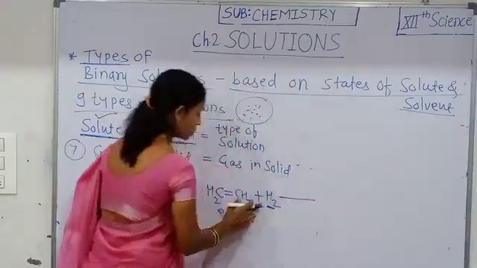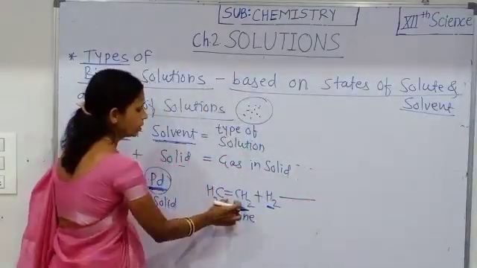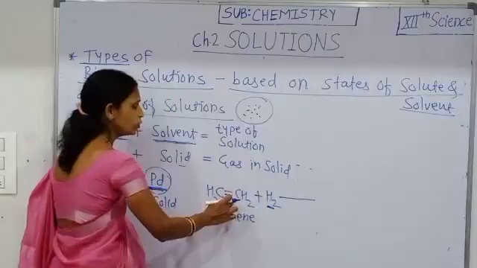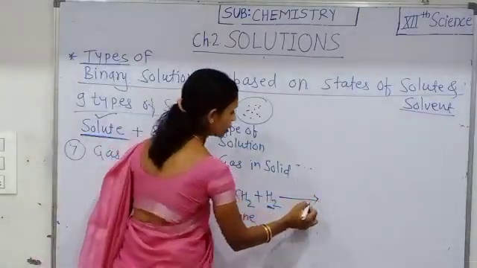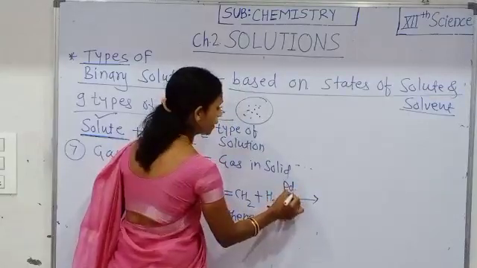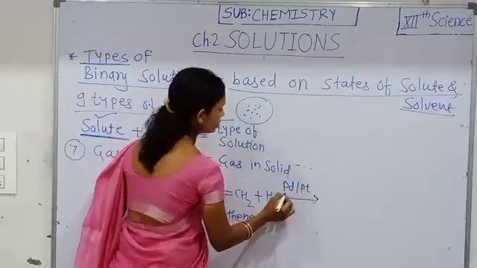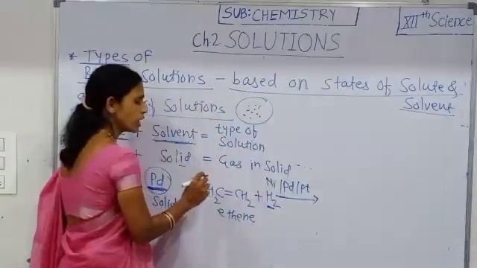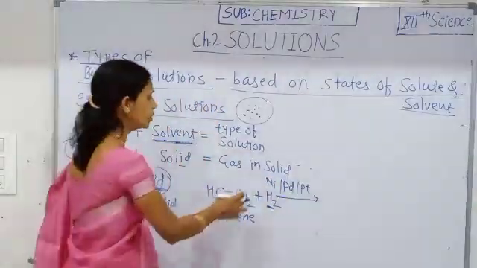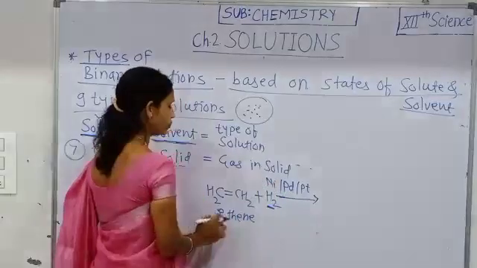For this reduction of ethene, hydrogen is added into ethene, and the reduction takes place using a reducing agent: platinum or palladium or Raney nickel. Those are the reducing agents used in this reduction process.